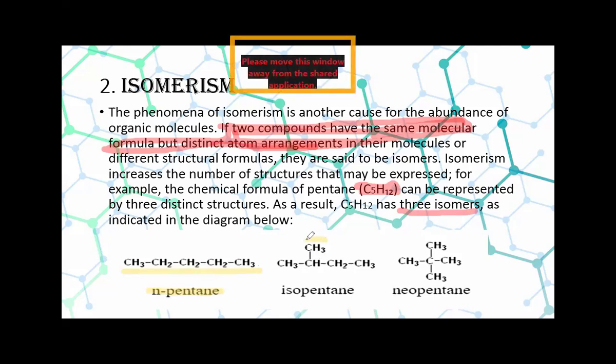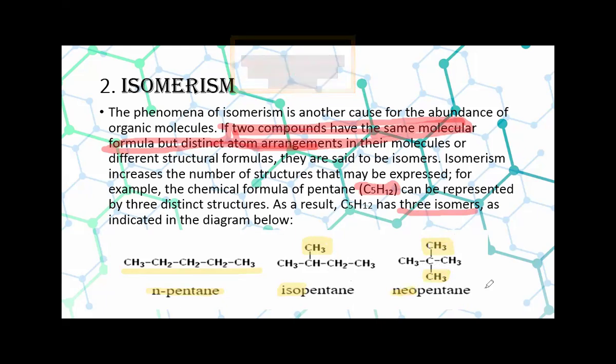Isopentane means the carbon has one branch structure. Carbon has one branch. It means that this is the isopentane isomer of pentane. And neopentane means we have two branch chains in it, and this is known as neopentane. So here we can see that pentane, C5H12, an alkane organic compound, has three isomers.